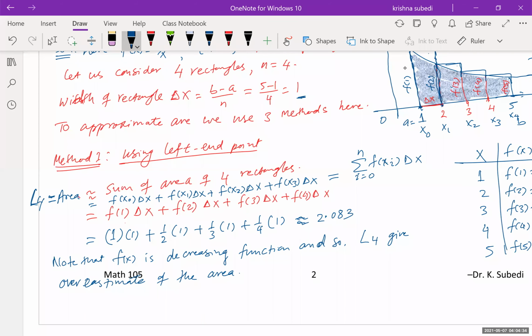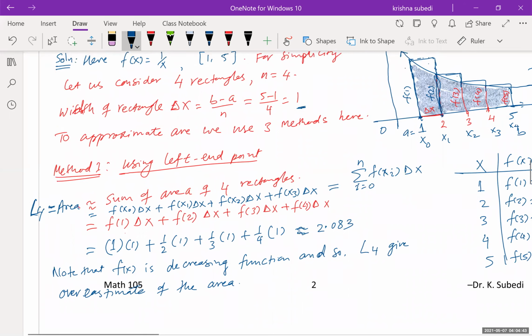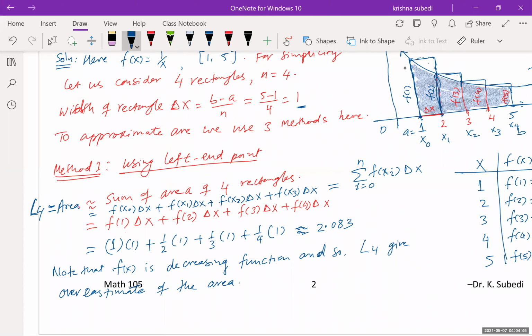If it is increasing, then L4 gives you the underestimate. Because the function is decreasing, we have seen that there are some chunks of the rectangles that we have added, so it gives us the overestimate.